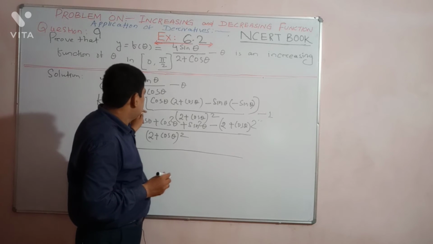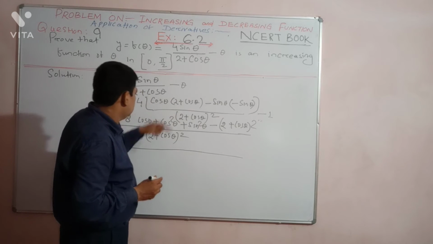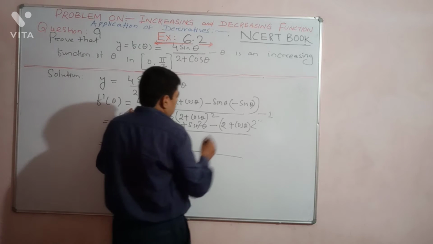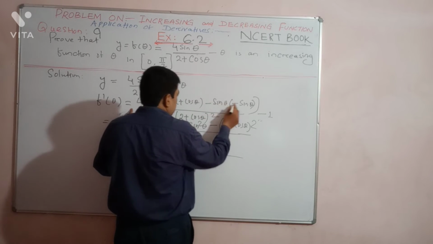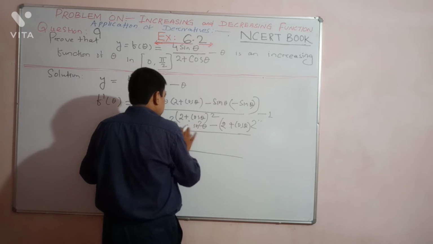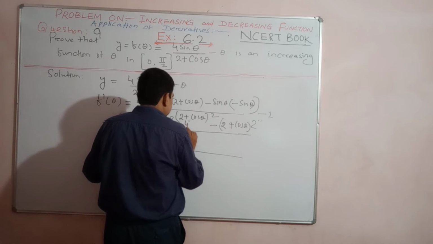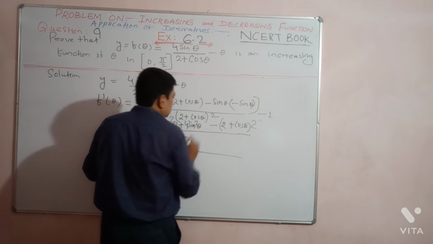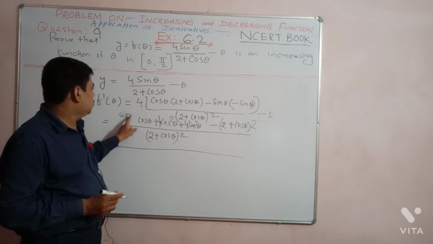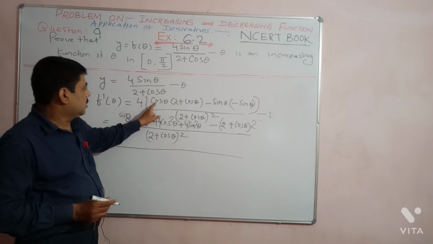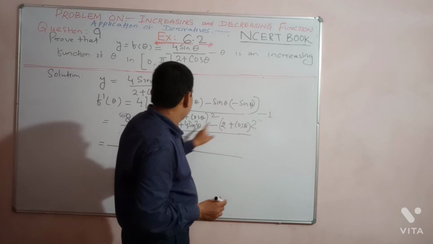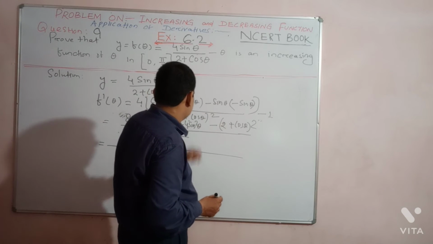Again cos square theta here, multiply 4, 4 cos square theta. Similarly minus and minus plus sin square theta, 4 sin square theta. Is it clear? Once again, cos theta into 2, 2 cos theta, 2 into 4, 8 cos theta. Again cos theta into cos theta, cos square theta, 4 multiplied, 4 cos square theta. Again minus and minus plus sin square theta, 4 into sin square theta, 4 sin square theta.